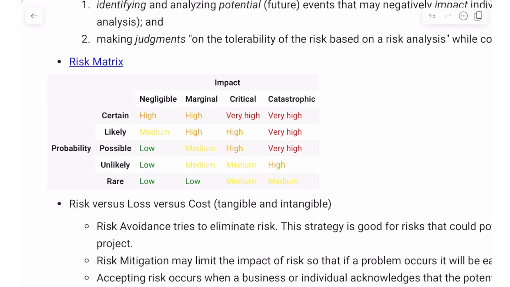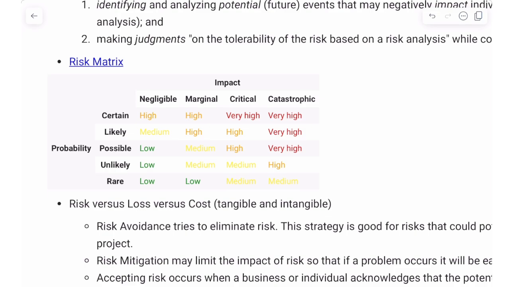For example, receiving a spam mail, maybe the probability is likely or certain, but an insider at a store stealing your database, maybe that probability is unlikely or rare.